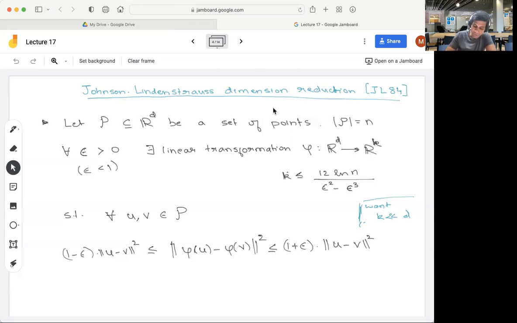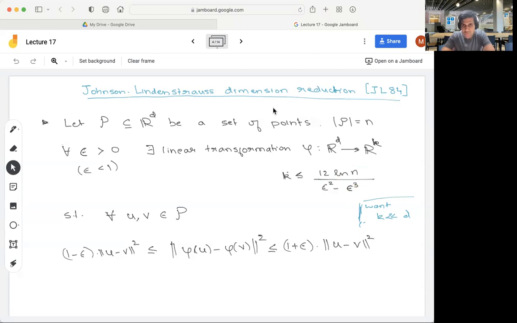And an important part of the statement is you can always choose the dimension to be something. Don't worry too much about the precise form of this expression. Most of the time, we just need an approximate version. But you can always choose the dimension to be something which is logarithmic in the number of points and has a dependence on epsilon as 1 over epsilon squared, roughly. If epsilon is small, the epsilon cubed term is really negligible. So you can just think of this as epsilon squared up to a change in the constant above.